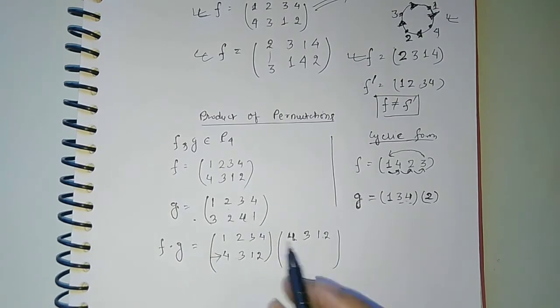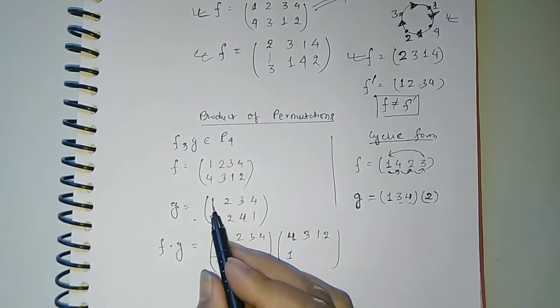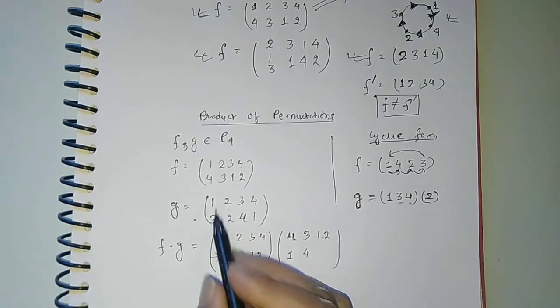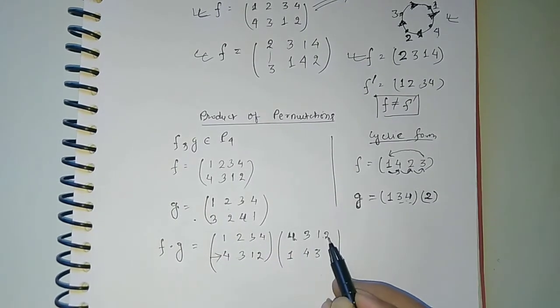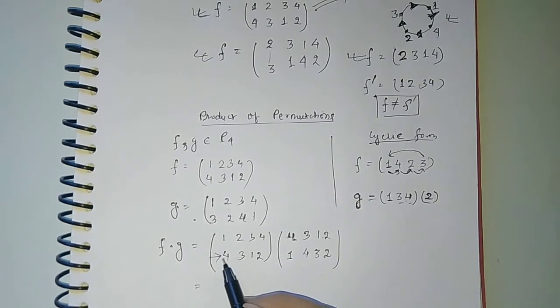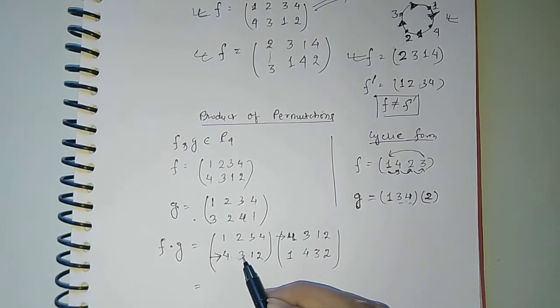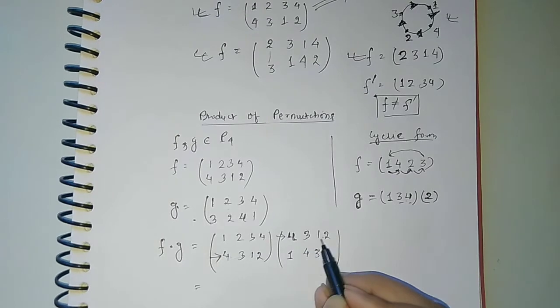Image of 4 is 1, so write 1. Image of 3 is 4, so write 4. Image of 1 is 3, so write 3. Image of 2 is 2. Now the second row of F and the first row of G are the same, 4 3 1 2.